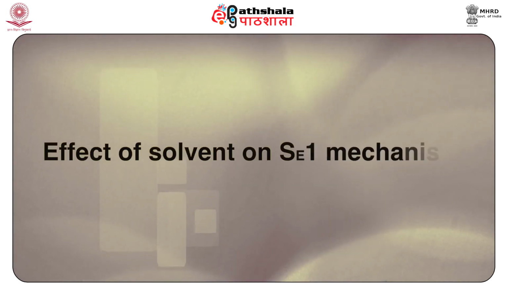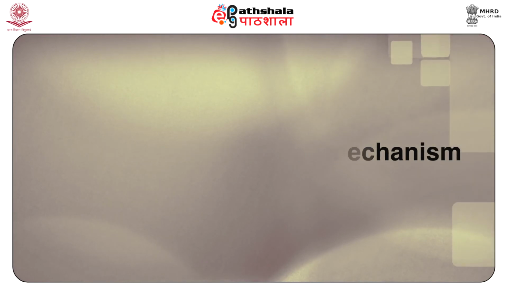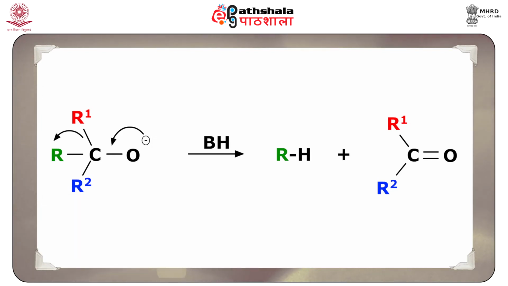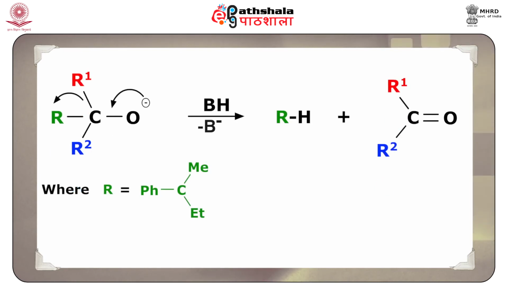If you look at the effect of solvent on the SE1 mechanism in detail, for the cleavage of alkoxide through the SE1 mechanism, depending on the nature of the solvent, different product stereochemistries were observed. These results are explained by a carbanion intermediate that is not completely free but is solvated, as you can see here. So, you can see this anion undergoing removal of this R, and you have the formation of RH and this ketone.